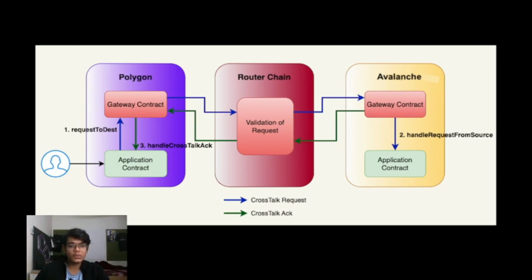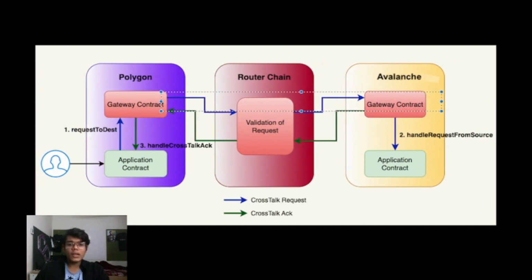The first one is the request to dest, or request to destination. This function is used to send cross-chain requests with some message from the source contract to the gateway contract on the source chain. This message will then be forwarded from the gateway contract to the gateway contract on the destination chain.